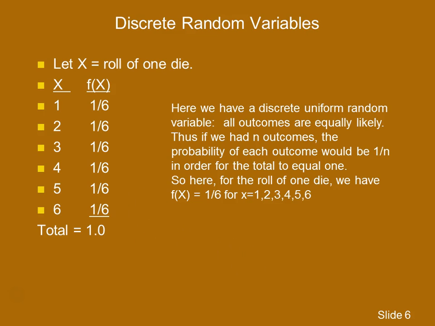Basically, since there were 6 outcomes to the variable, all equally likely, we simply have an equation that f of x here has to be 1/6 for the x values 1, 2, 3, 4, 5, 6. In general, if we had n outcomes like this that were equally likely, we'd have a probability of 1 over n, or an f of x of 1 over n, for each of the probabilities. This is actually what's referred to as a discrete uniform random variable. Uniform in the sense that all of the probabilities are equal.